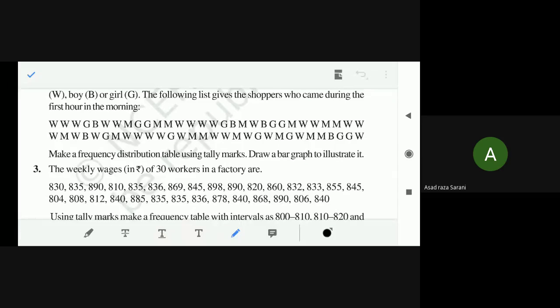First man, second, third, fourth, fifth, sixth, seven, eight, 9, 10, 11, 12, 13, 14, 15. There are 15 men who visit.